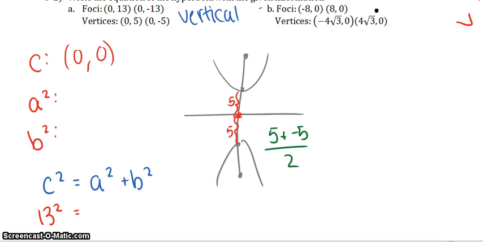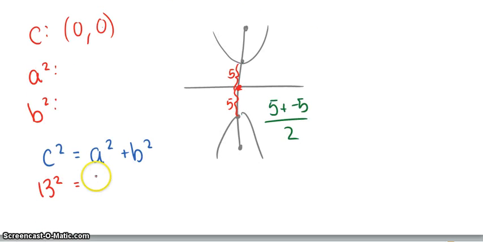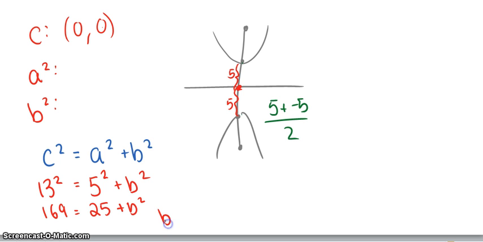We also know that the vertices are a units away from the center. Since our vertices are both 5 units from the center, that means our a value is also 5, and a squared would be 5 squared. What we don't know is b squared, but luckily we can solve for that. Just simplify that up, we get 169 is equal to 25 plus b squared, and that makes b squared 144 if you subtract 25.